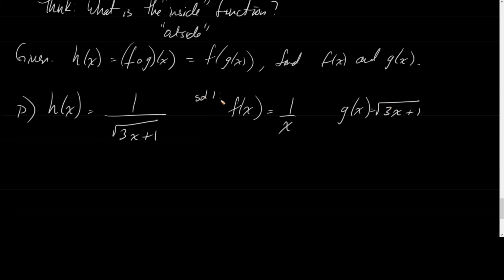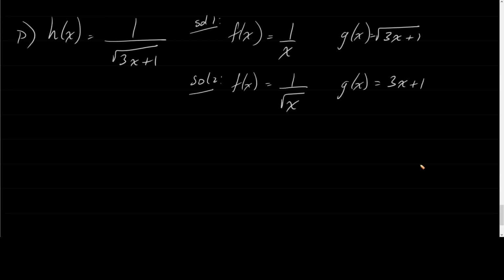Solution 1. Let's look at a different solution. Solution 2. We can say, for example, that f of x is 1 over the square root of x, and that g of x is simply 3x plus 1. That also works. These are equivalent solutions.